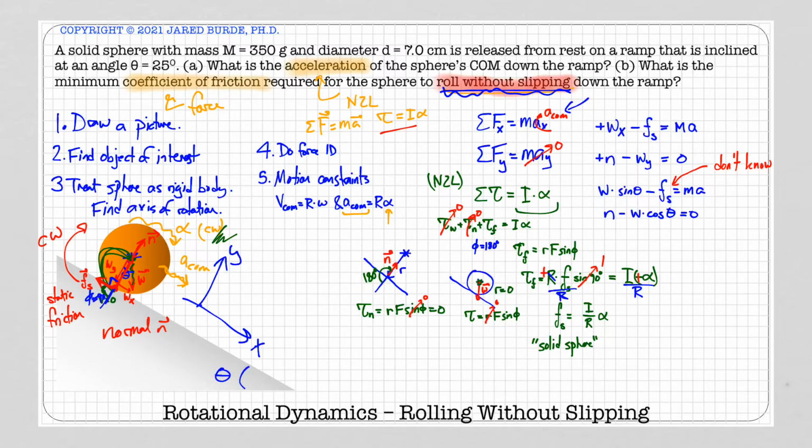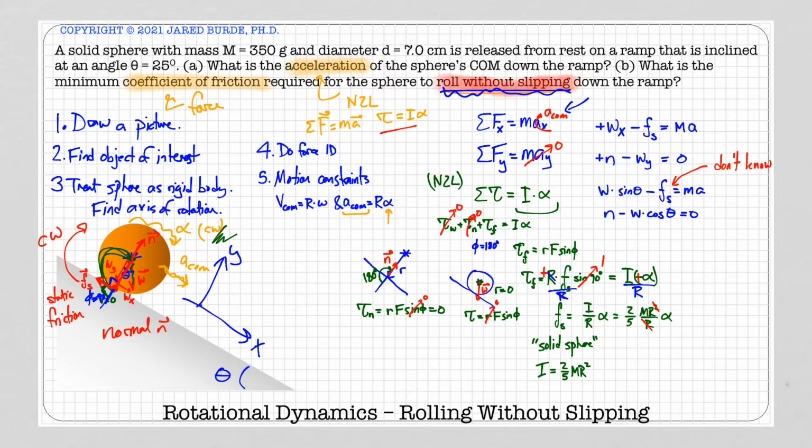It is for any solid object. So for a solid sphere rotating about an axis that passes through the center of that solid sphere, our moment of inertia is going to be 2/5 mr squared. And so what we can do here is say this is 2 over 5 mr squared over r, and those will cancel as well. This is still times alpha.